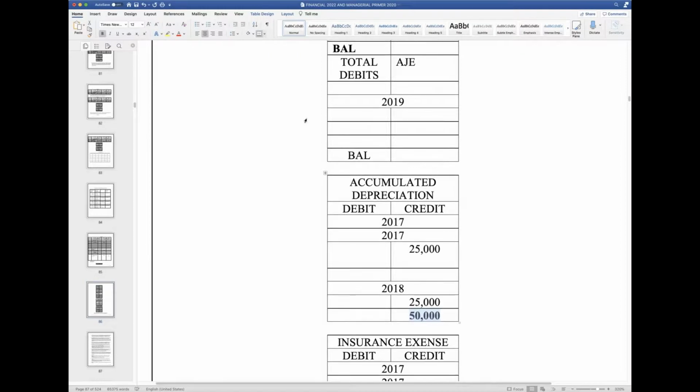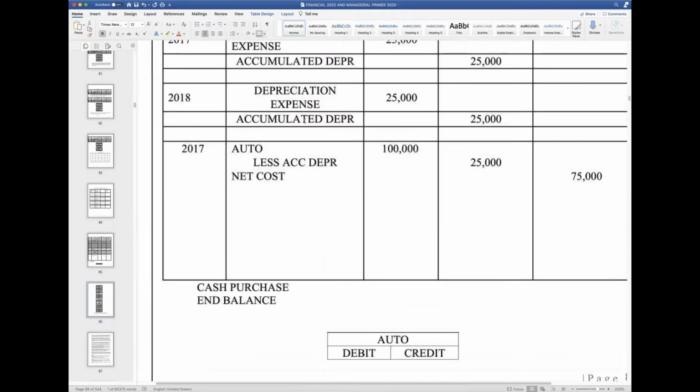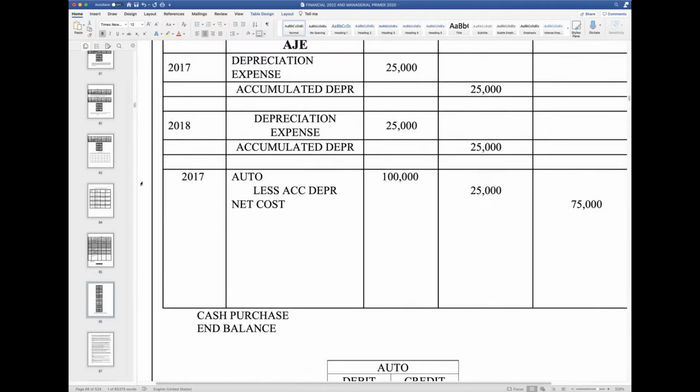And so when we get ready to do the balance sheet presentation in 2018, we have those numbers, but the accumulated depreciation is not going to be 25,000.